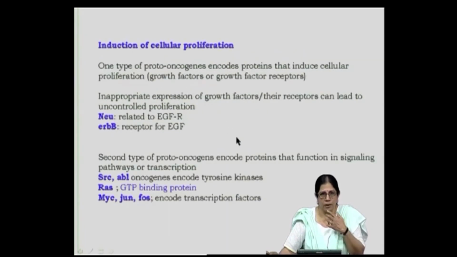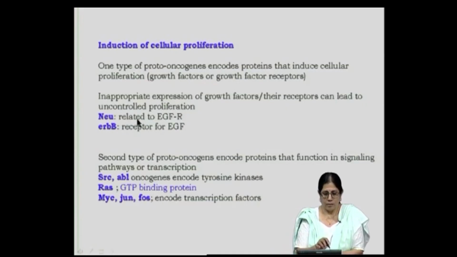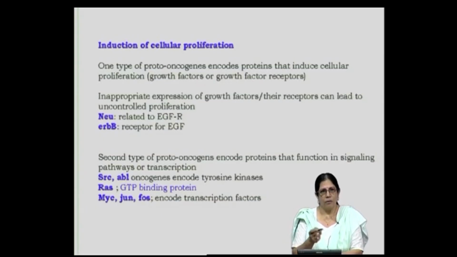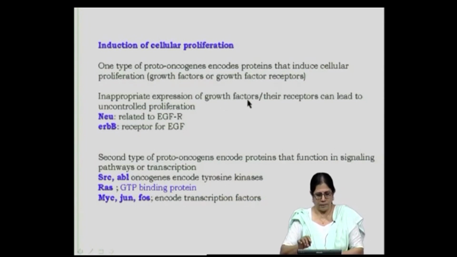Let us first come to induction of cellular proliferation. Now, one type of oncogenes encodes proteins that induce cellular proliferation. Very well known are growth factors or growth factor receptors. Now, how are these proto-oncogenes associated with cancer?